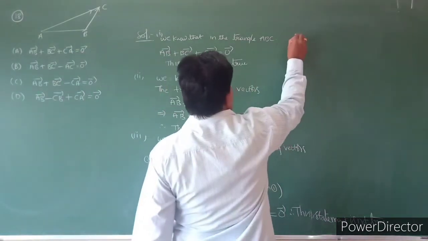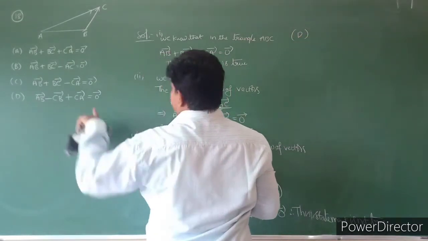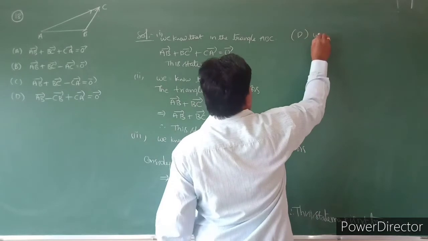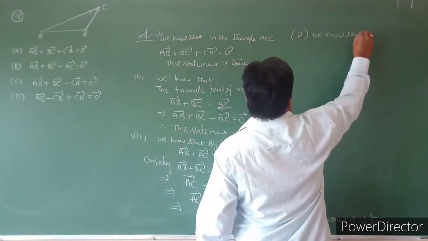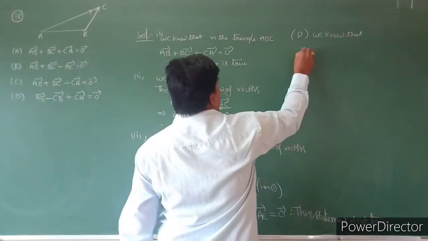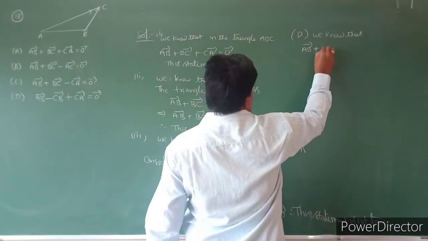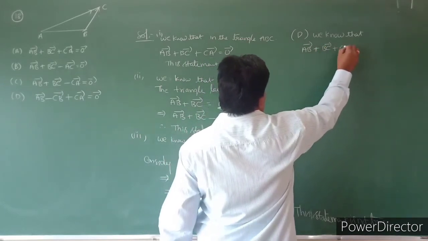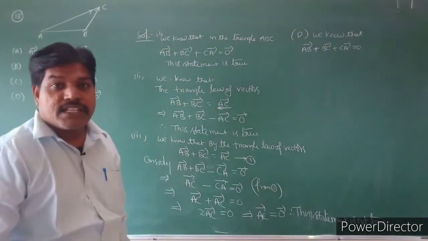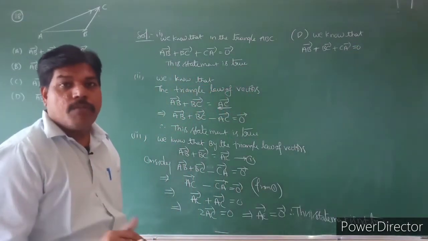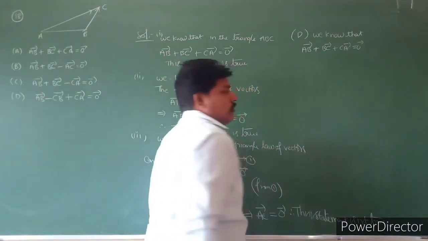What is the fourth condition? That is D. AB bar plus BC bar plus CA bar is equal to 0. Already we know that if you take the sides of the triangle in order, AB plus BC plus CA bar is equal to 0. If you take the sides in order, then the sum will become the 0 vector. Already you know this one.